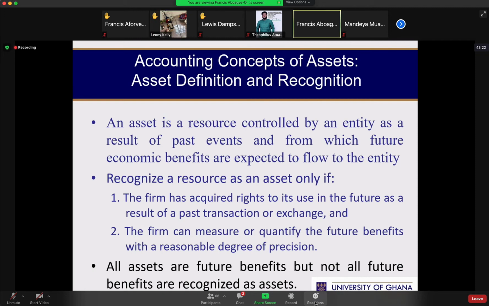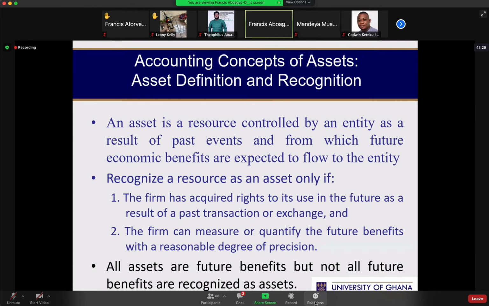Okay, yes. So lease agreements should be considered, but we'll come to that. Let's try and agree on this. So you see, it is not what you think. It means that there should be consensus on the agreement as to whether a resource can be regarded as an asset or not.